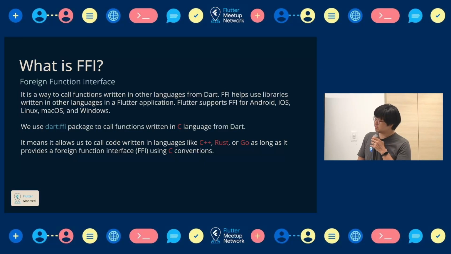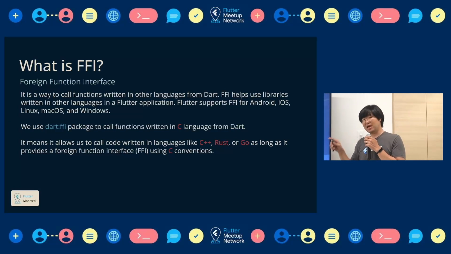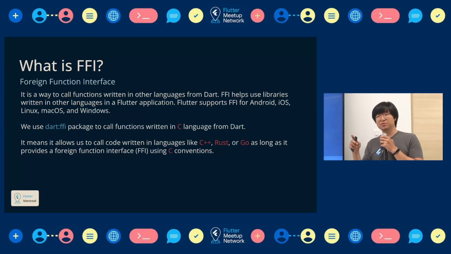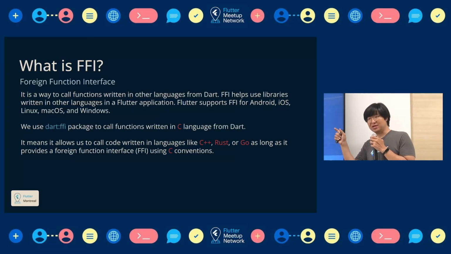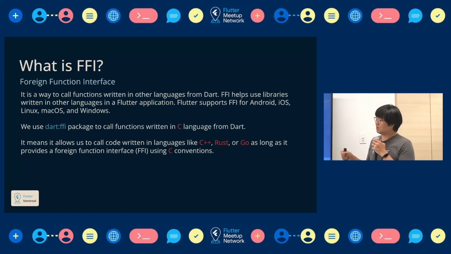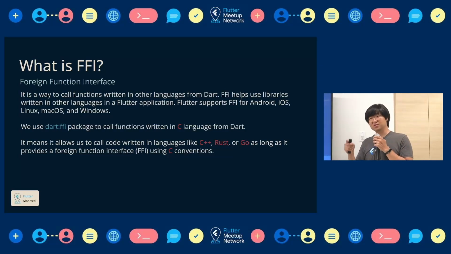So Flutter supports FFI for whatever language can have a C interface. Meaning that once you compile, if the library can communicate with the C language, then you can use it. And Golang has a feature called CGO, so you can actually have the C interface in the Golang application.